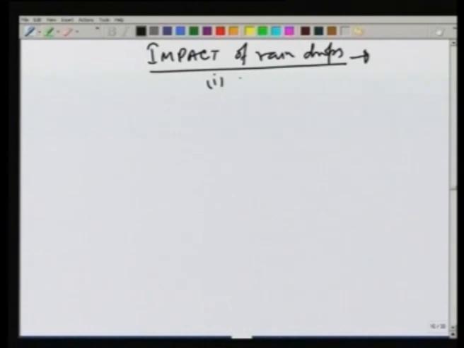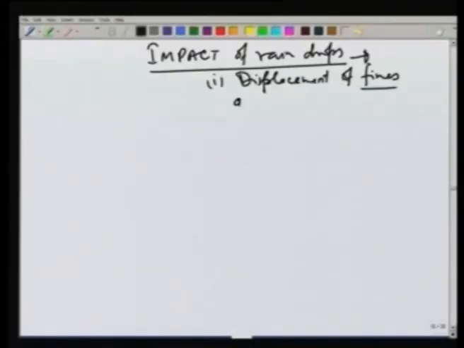One is displacement of fines. So, the fine particles on the soil surface, they can be displaced by the impact of raindrops, and they may clog the larger pores, reducing infiltration.